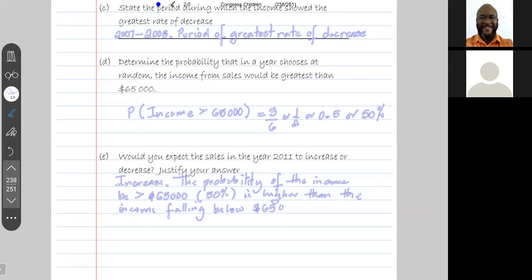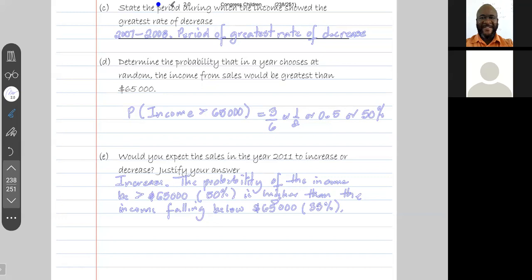And the probability of it falling below 65,000 is 2 times out of 6. 2 times out of 6 is 1/3, which is 33%. So there's a 50% chance that the income is going to be higher than 65,000, and only a 33% chance that the income is going to fall below 65,000.